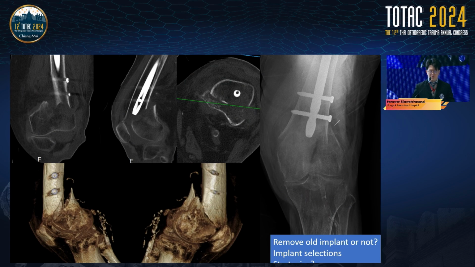So to wrap up, this patient had a low energy fall with significant osteoporosis. There are some challenging points: a very short segment, severe osteoporosis, and some comminution. Okay, I want to ask all the panelists about the plan and strategy for this case.